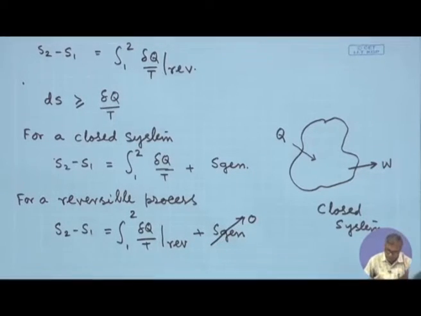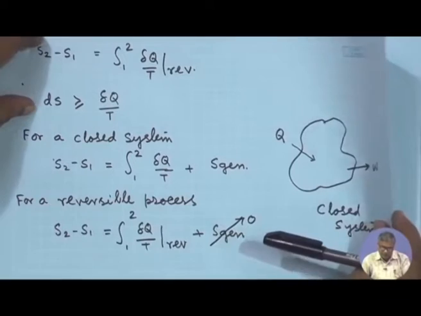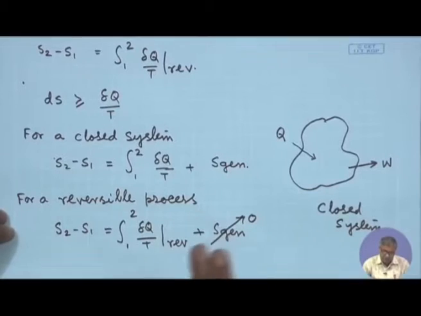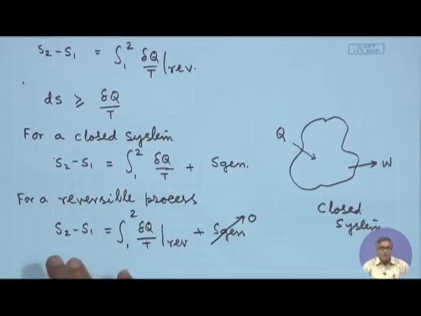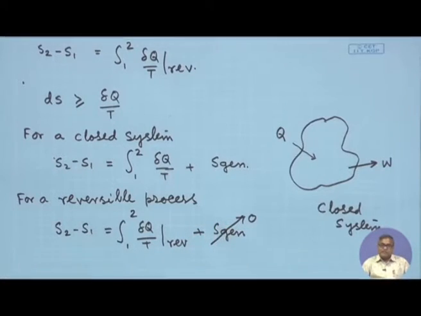Okay. So, this is one of the very important equations, sometimes called the entropy balance equation. As in the first law we have an energy balance equation, in this case we get an entropy balance equation, and it contains one term called S gen, that is entropy generated, because most of the processes are irreversible processes.